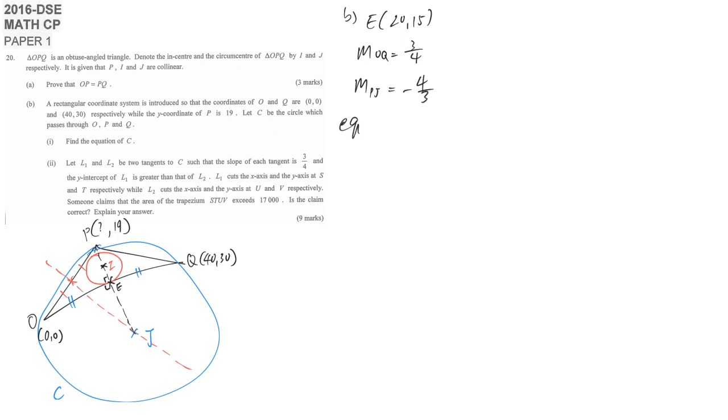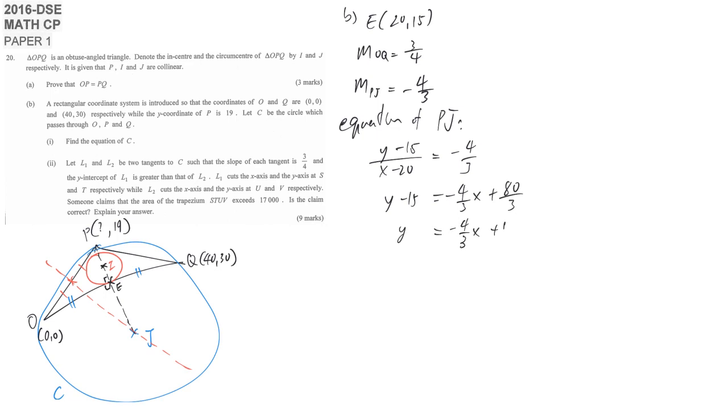So to write down the equation of PJ, it is (y minus 15) over (x minus 20) is equal to negative 4 over 3. We get PJ already.